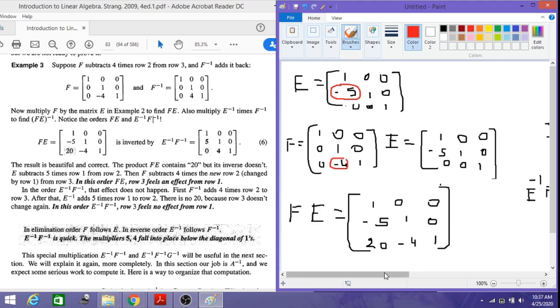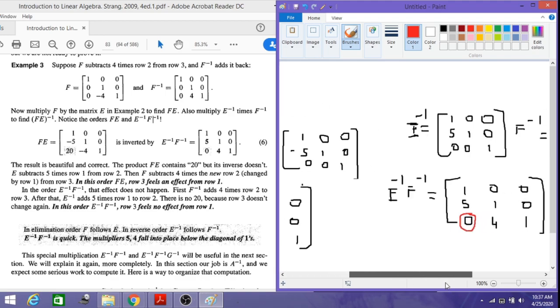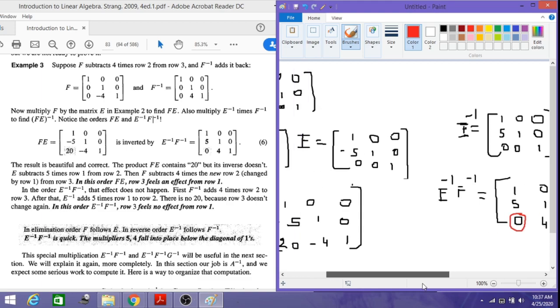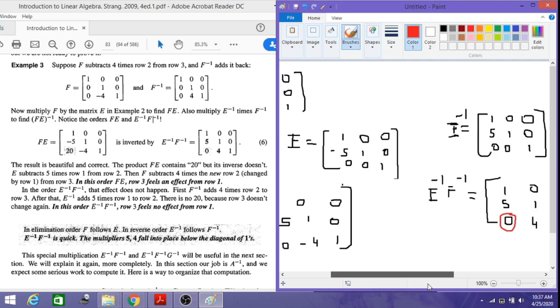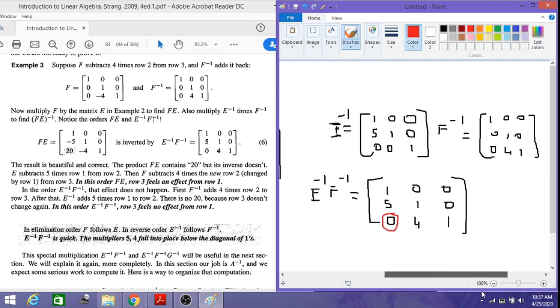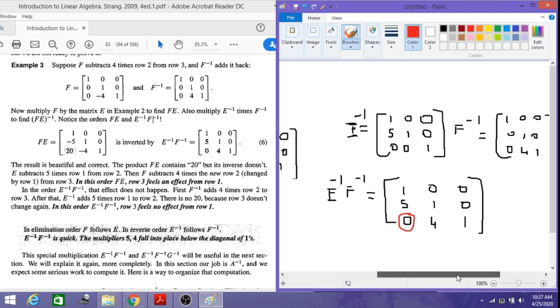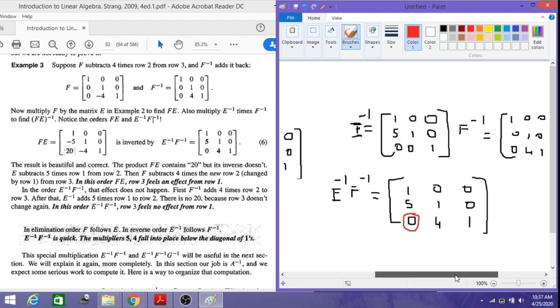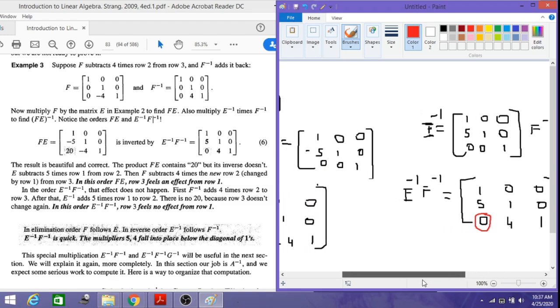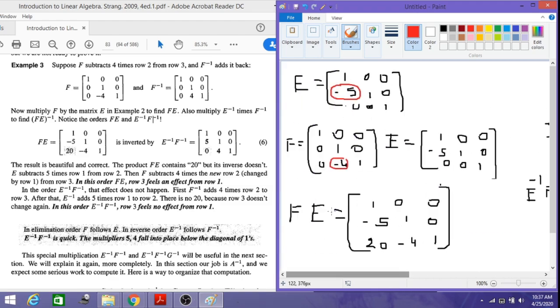That is nothing but 4 into 5, because we multiplied the first row with 5 and added it to row 2, and here we have the 4 that we added. So that 20 will fall, that 5 into 4 we have to multiply, below the diagonal. So this is one example of this.